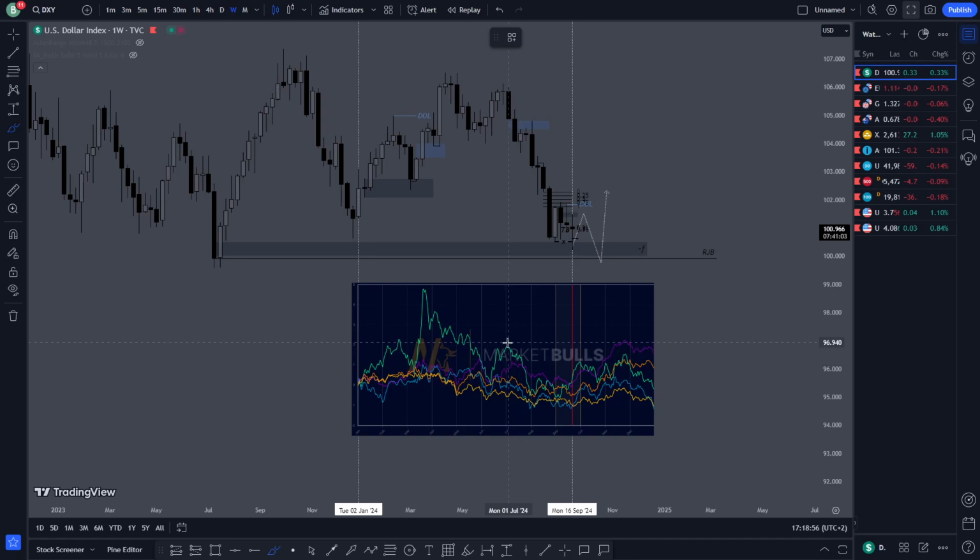Also right here, this is July, the start of July. You can see right at the start of July, pushing lower. As y'all can see, it's pretty clear.